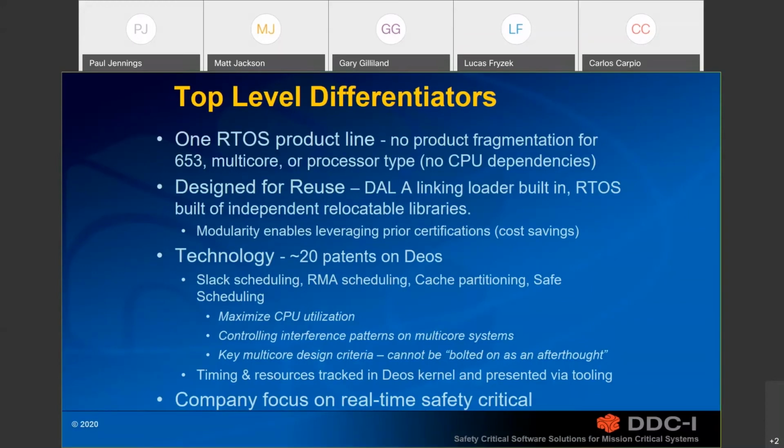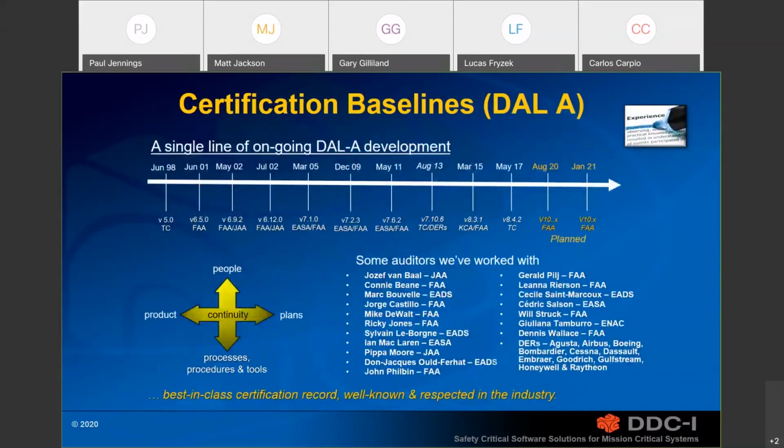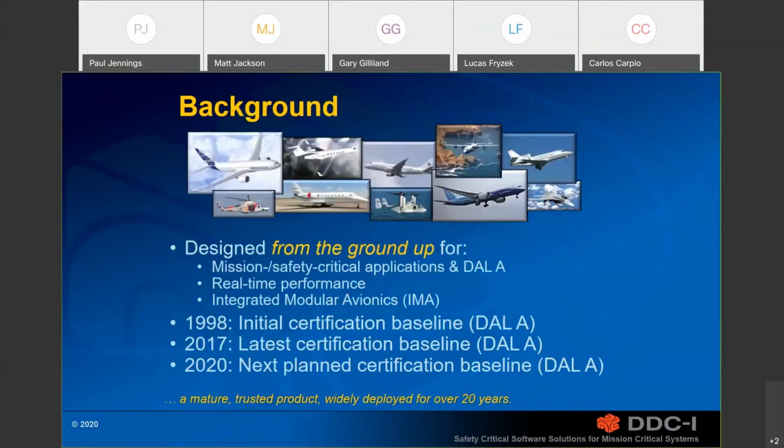Along with that, there's a lot of other technology that I'll talk about that has been patented over the last 20, 30 years. So key there is that we're focused on safety critical. Like I said, our background is this mission safety critical environment.